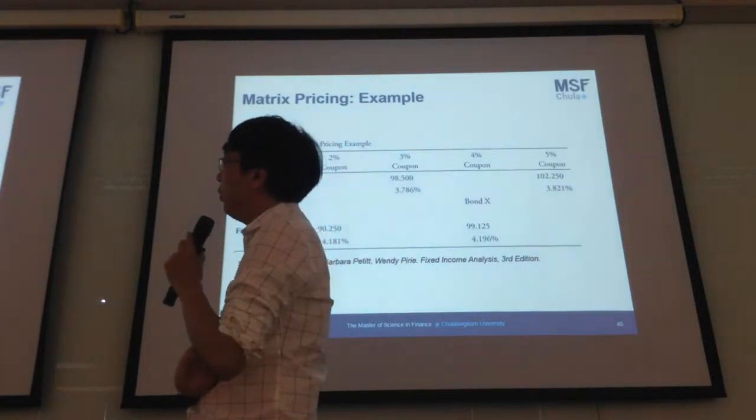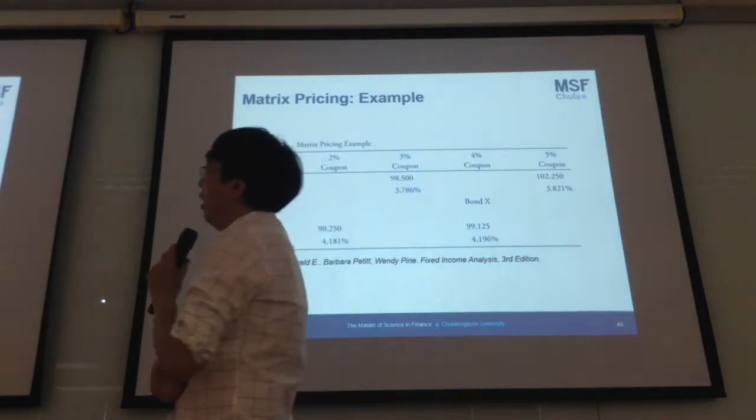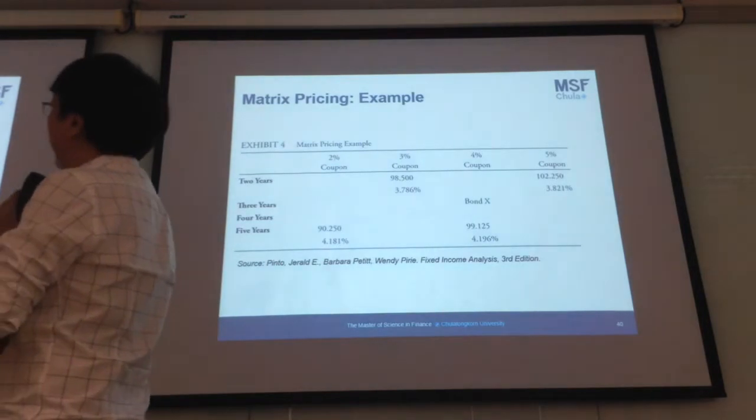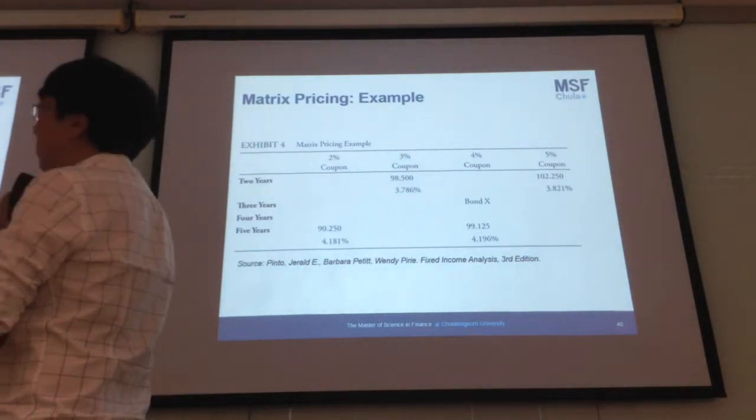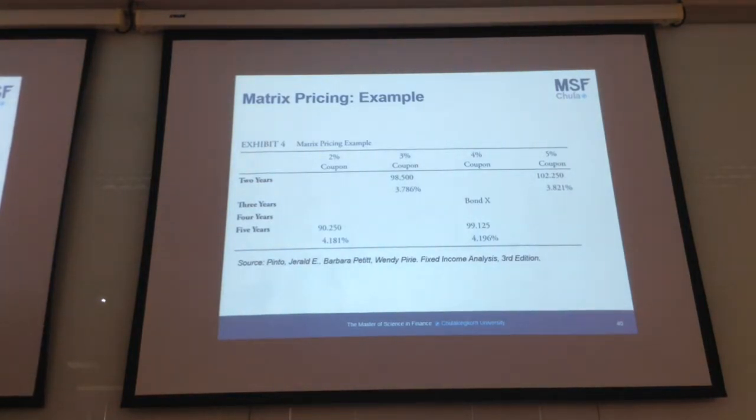In this case, suppose we can obtain the market price and market yield of 2-year bonds with 3% and 5% coupon rates, and for 5 years, we also can obtain 2% and 4% coupons. What we want to estimate is the 3-year bond.